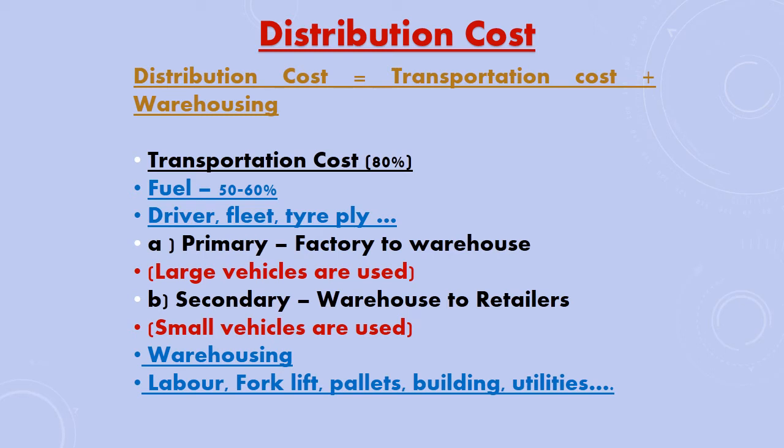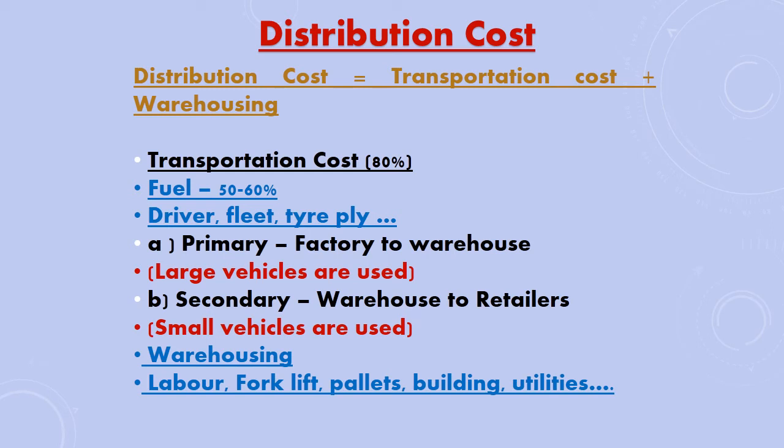Another cost involved is labor cost. So you also have to manage the labor in a very efficient and effective way. And the third thing is the utilities cost. So utilities related to warehousing are also important, like electricity, gas, water, etc.